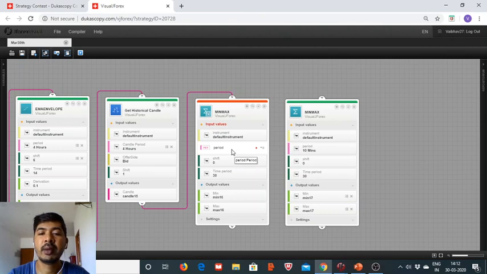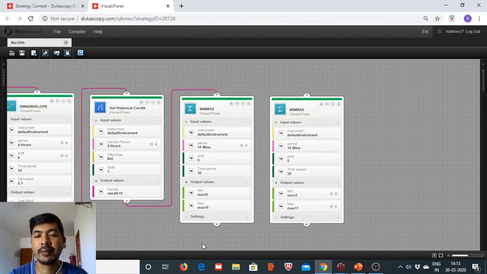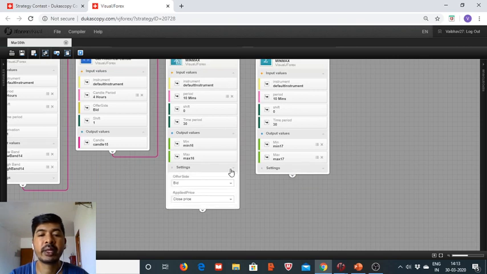So even if we keep it of 10 minutes, and if we utilize the time period of 30, it will do the job. So it's fine as it is. We just need to make changes here.